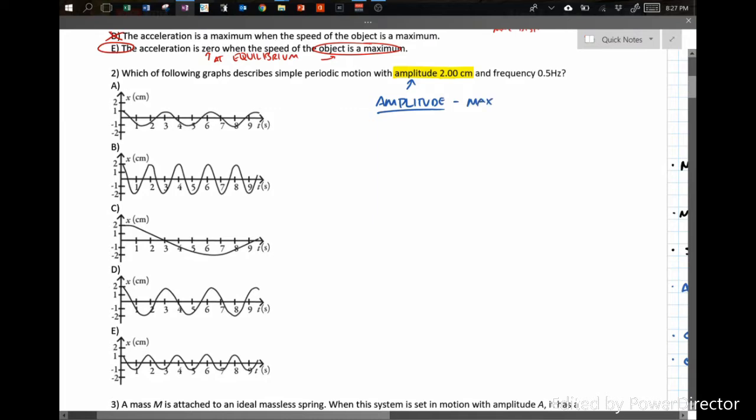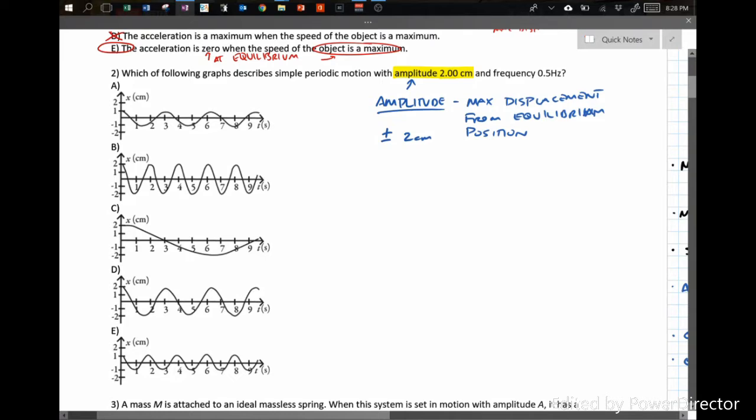Amplitude is the maximum displacement from the equilibrium position. This means that my maximum displacement will be plus or minus 2 centimeters.